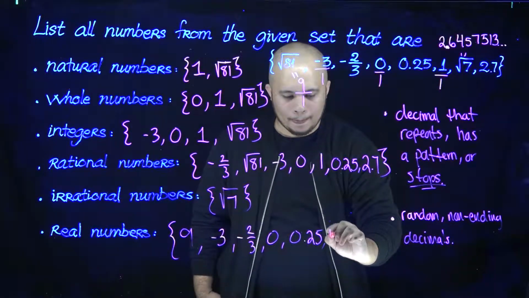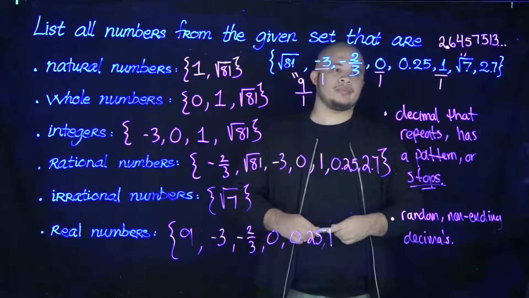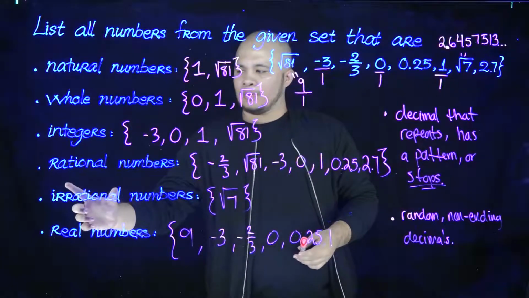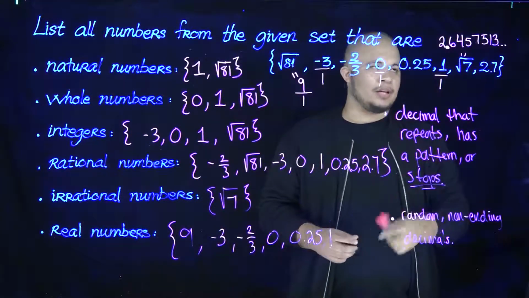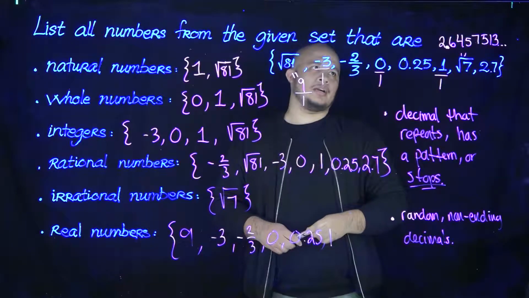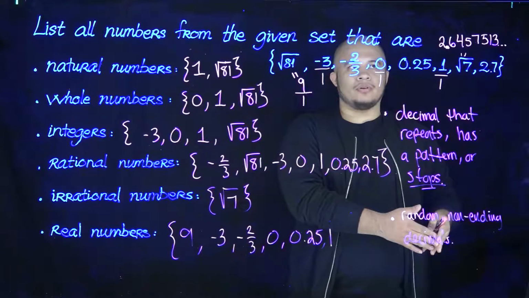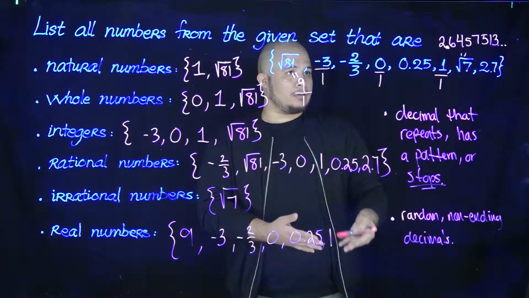1. And then I want you to think about this square root of 7 once again. True, we called it irrational because it's random and non-ending. But the question is, can we still find this number on a number line? 2.6457, so on and so forth, is a number between 2 and 3.